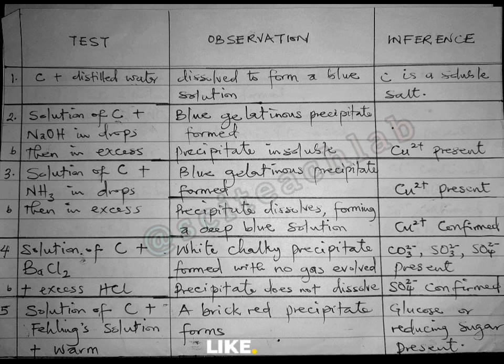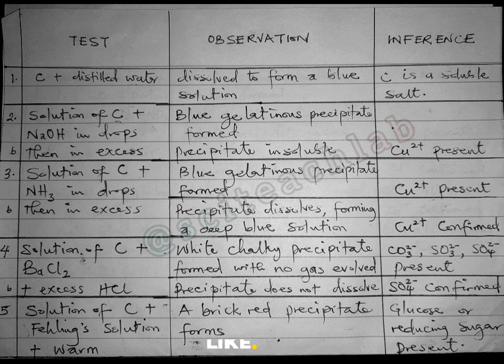Okay, now that is a sign that carbonate ions, sulfite ions, or sulfate ion may be present. So you write in your inference CO3 2-, SO3 2-, and SO4 2- present.